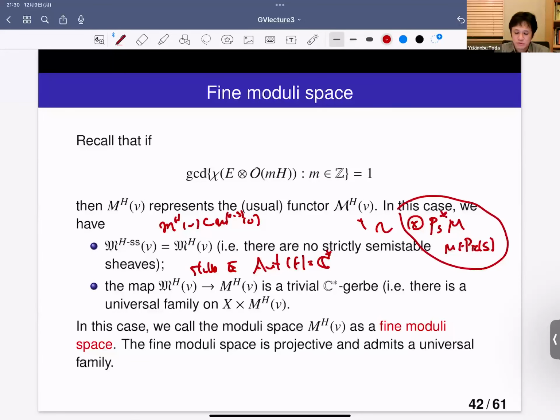So this one corresponds to rigidifying the automorphism groups.